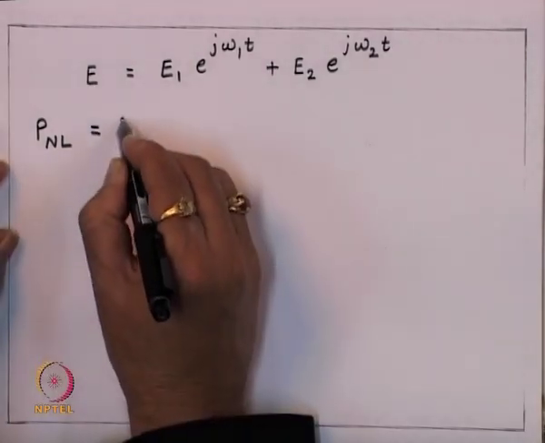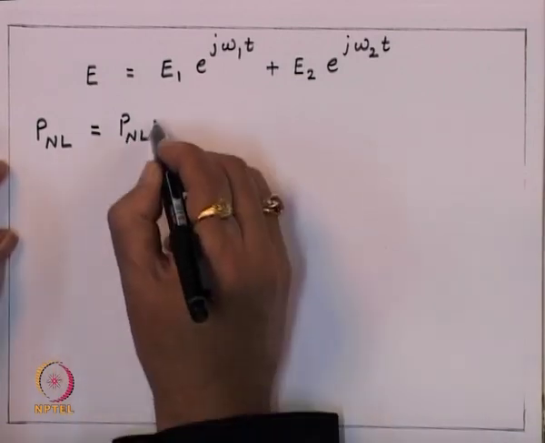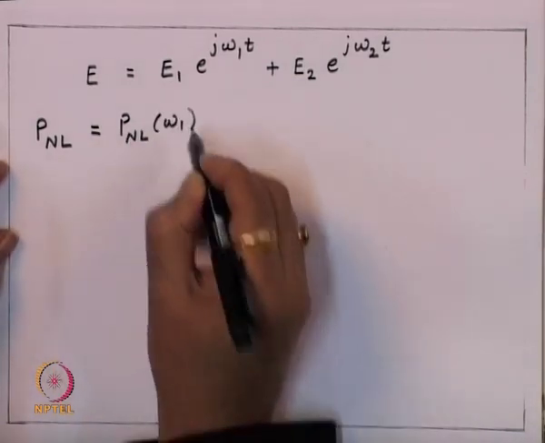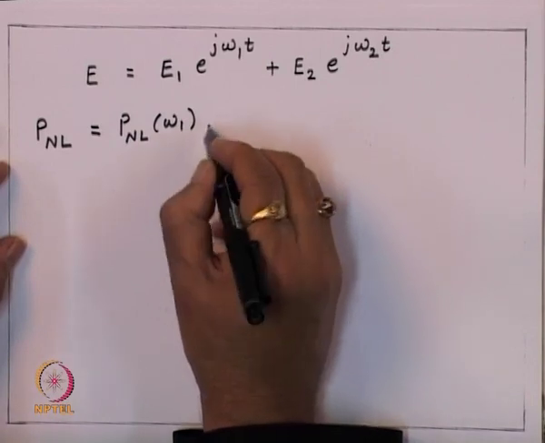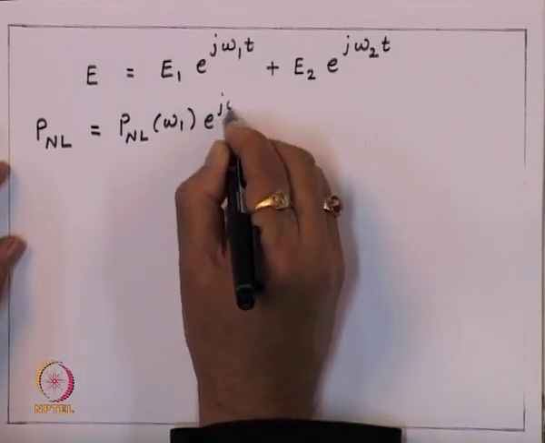So, it will have a nonlinear component at omega 1, e to the power j omega 1 t.